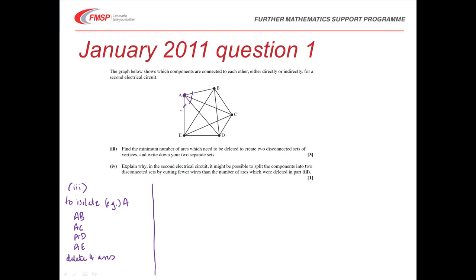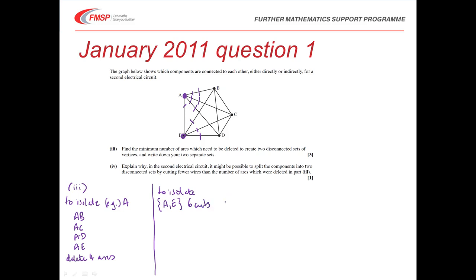What if instead I wanted to separate A and E from the rest? Well, let me see, what can I cut? I have to cut this one, those 3. I don't have to cut AE now, but I'd have to cut E off from anything. So to isolate the set of points A and E, I'm going to need 6 cuts.